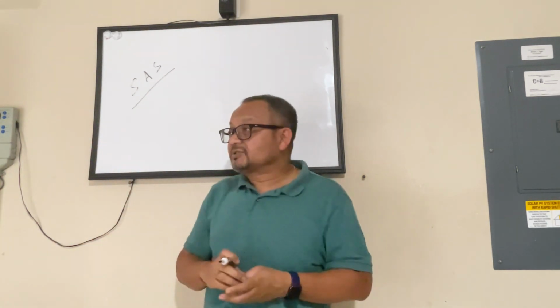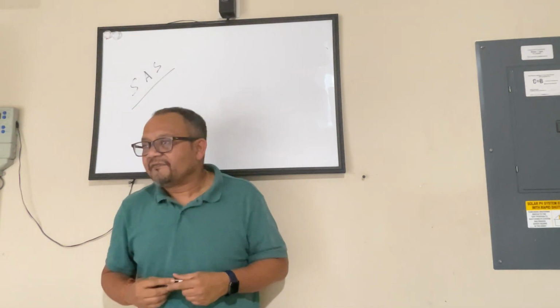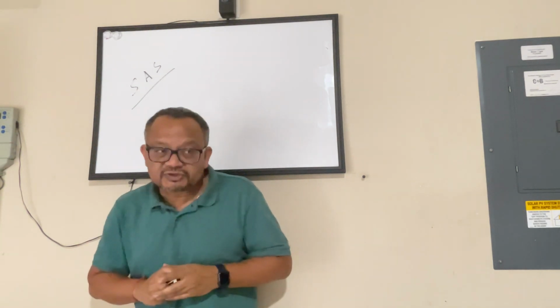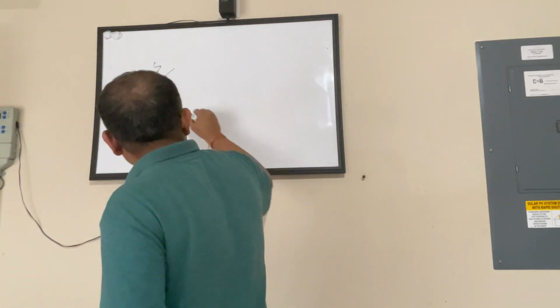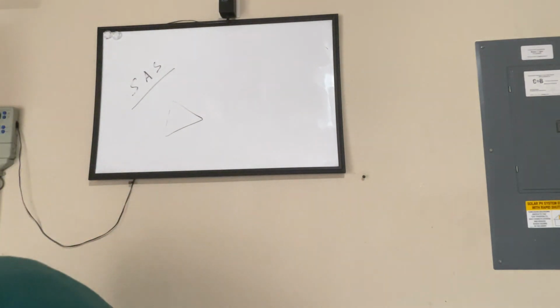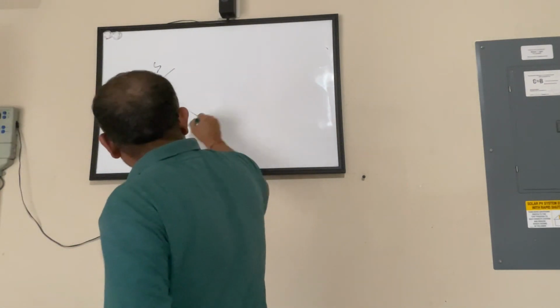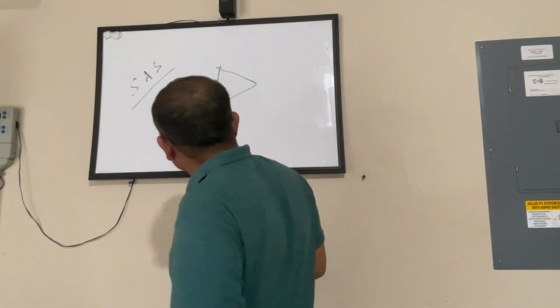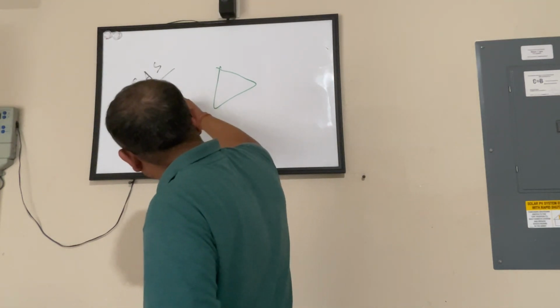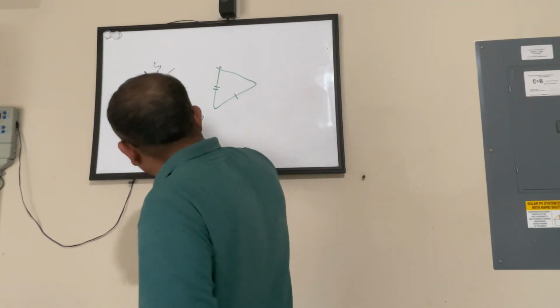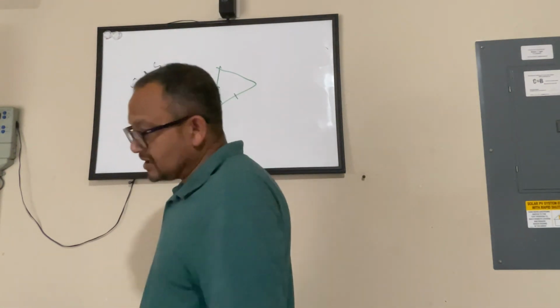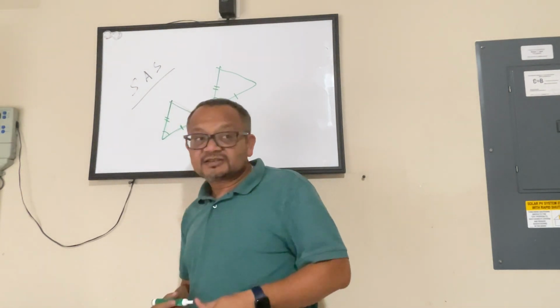What this theorem says is that if there are two triangles which have two equal sides and the angle between them equal, like this, where this side is equal to this side, and this side is equal to this side, and this angle is the same, then the triangles are congruent.